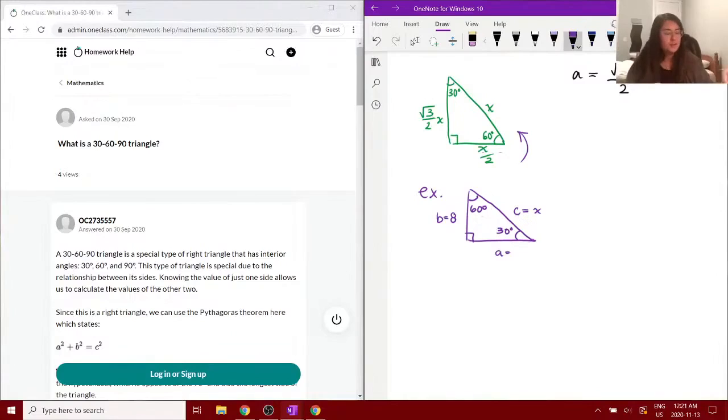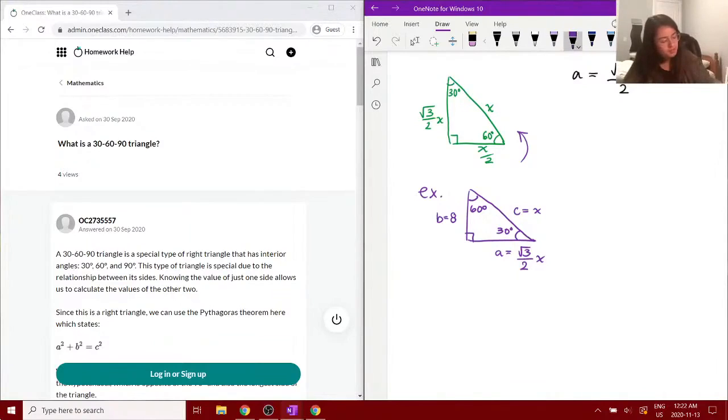Okay, so now we have to learn how to apply this rule I'm about to talk about. A is across from the 60 degrees, and in our special triangle here in green, we see that across from the 60 degrees we have root 3 over 2. So that is how we know what side we're talking about. We're referencing it by the side that is across from the angle, okay?